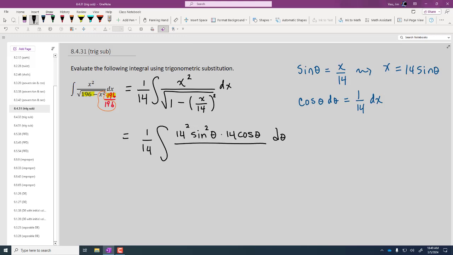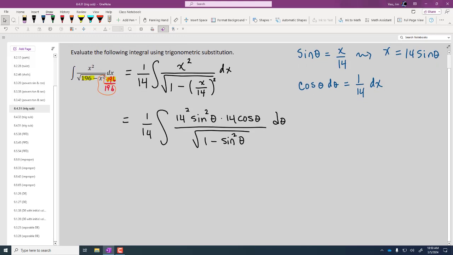Does everybody see where all those pieces are coming from? So x squared, we square that. Isolate this for dx, we multiply both sides by 14 and we get that. All good? And then in the bottom, we have the square root of 1 minus sine squared. All right, so everyone cool on where everything came from?